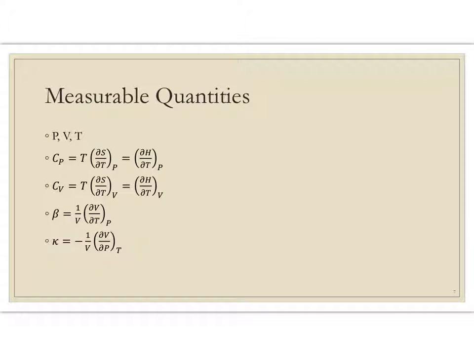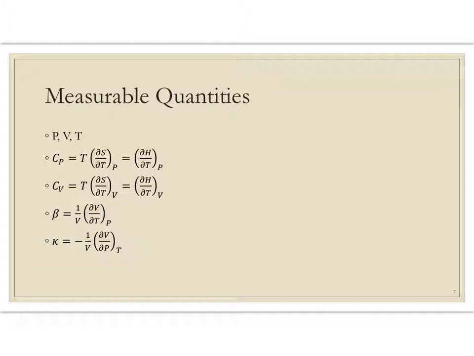Finally, our last tool we need is the set of measurable quantities. So we can easily measure pressure, volume, and temperature. With a bit more effort, we can measure specific heats at constant pressure or constant volume, and they are defined as either T dS/dT at constant P, or dH/dT at constant P, or T dS/dT at constant volume, or dU/dT at constant volume.